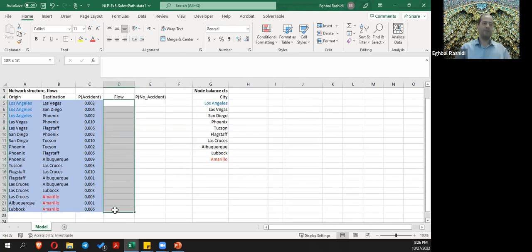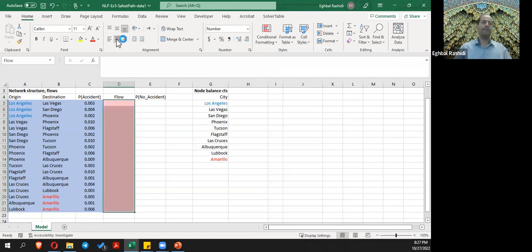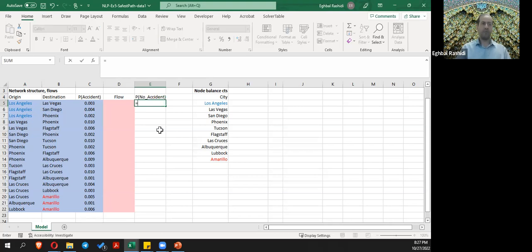and this is going to be our decision variable, and this is going to be binary, 0 and 1. And these are going to be the probability of no accidents. So the probability of no accidents is going to be 1 minus these values.